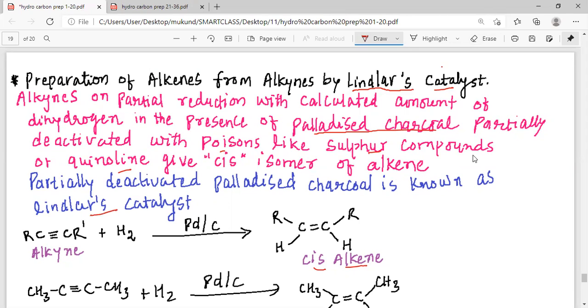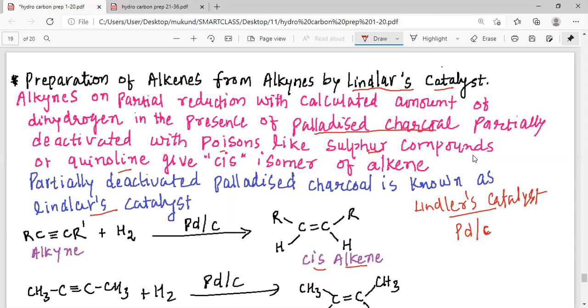So first of all, my dear students, we need to know what Lindlar's catalyst is. Lindlar's catalyst is partially deactivated pelletized charcoal.